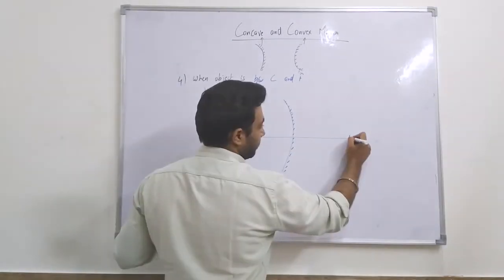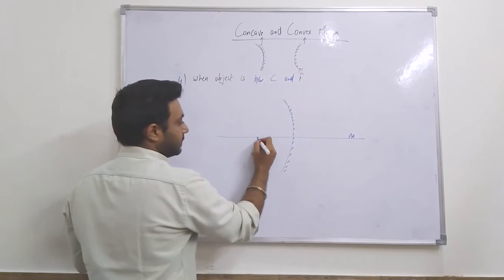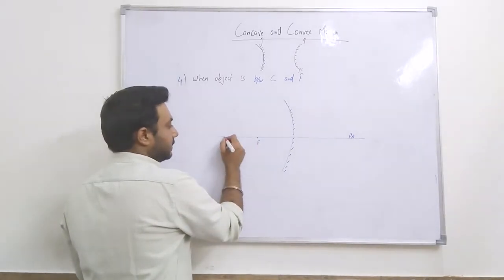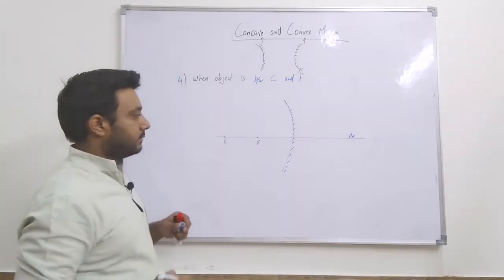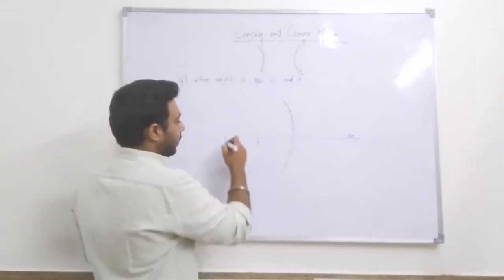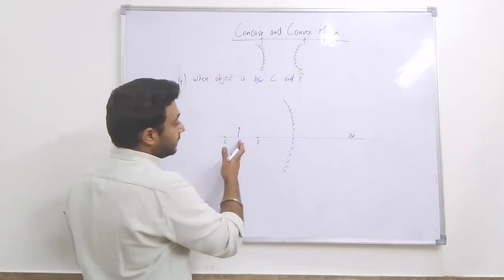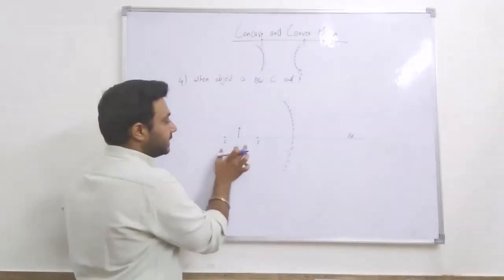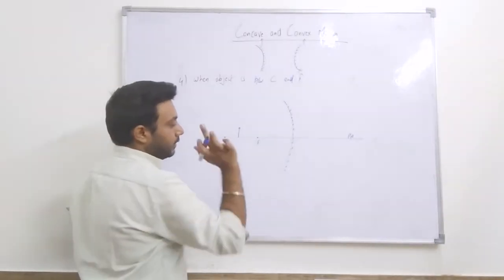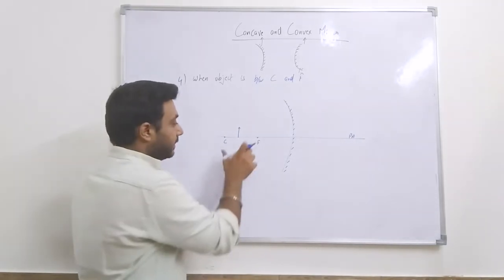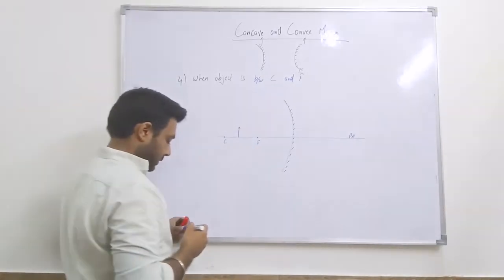Remember the shape of the concave mirror. This is the principal axis. This is the focus. This is the curvature. Now the object is between. Between doesn't mean it is in the middle. It means it is in between here, or here, anywhere in between the curvature and the focus.